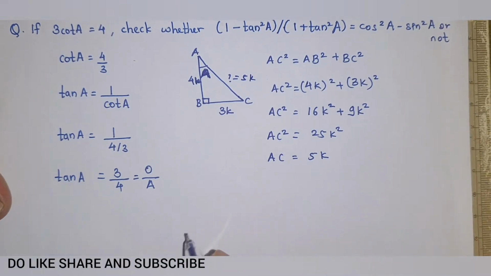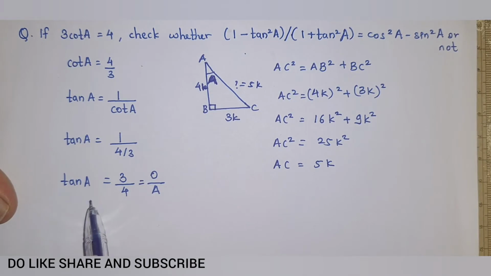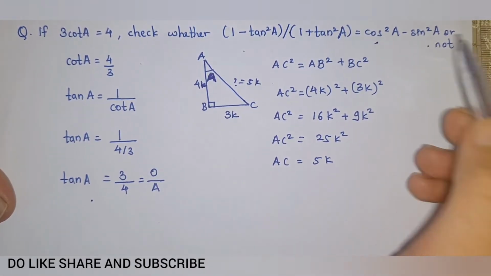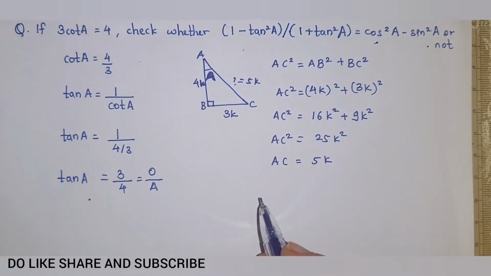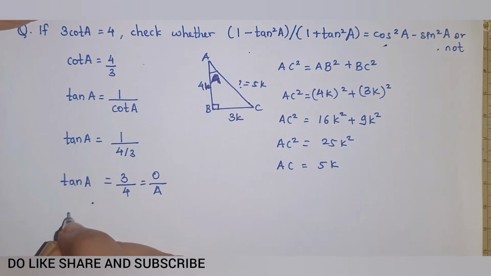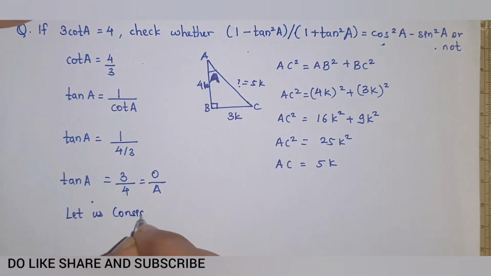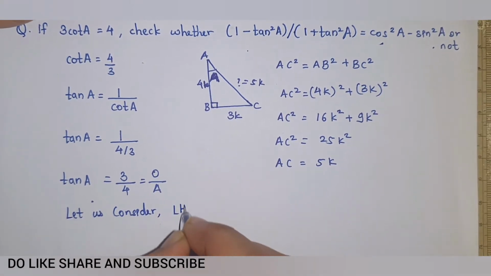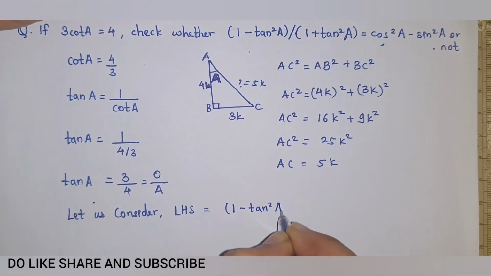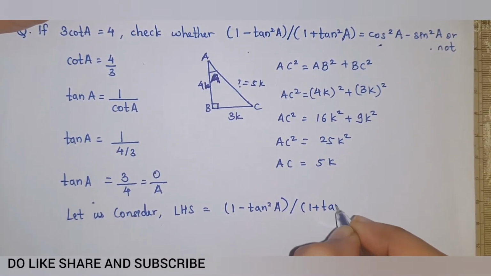Now we'll be substituting values here directly. We have got the value of tan A. Now we'll be calculating cos A and sin A, and we'll be substituting the values in the given equation. So let us consider LHS is equal to (1 minus tan square A) divided by (1 plus tan square A).